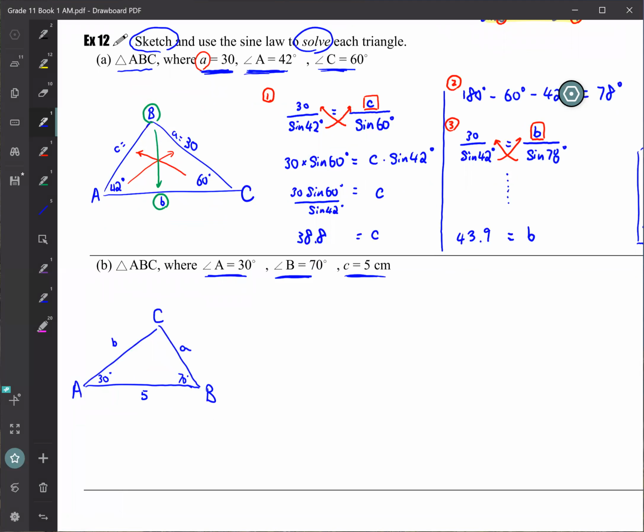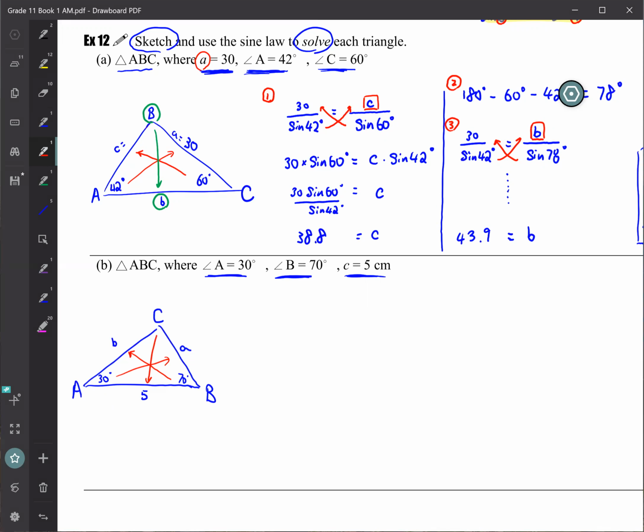We need a pair for the sine law to work. If you don't have a pair, you cannot solve it. So where's the pair? Do we have a pair? 30 degree is missing A. 70 degree is missing B, right? And side C is also missing its angle. So where's the pair?